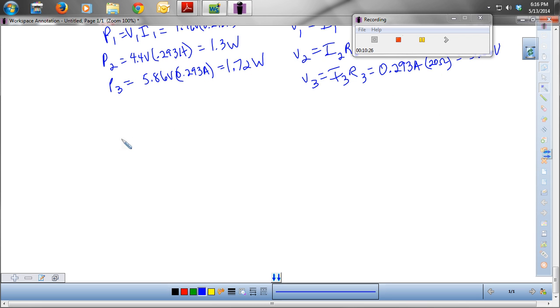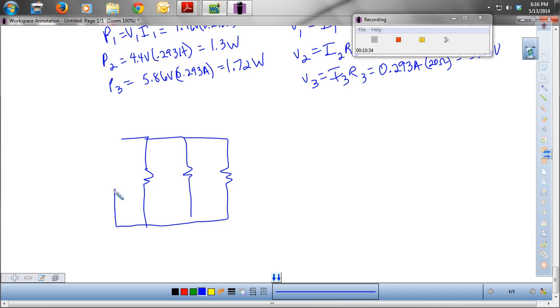Alright, and then we need the parallel. So that gave me 9 volts. 12, 25, and 30 were my resistances.